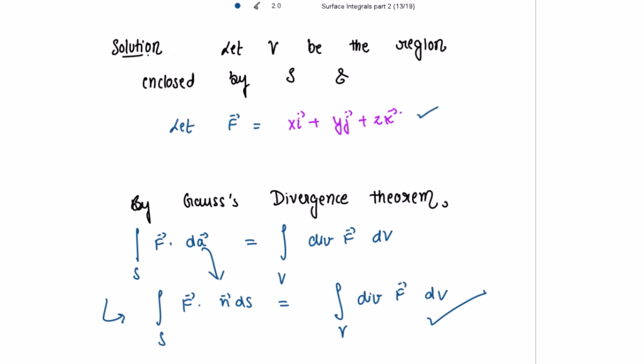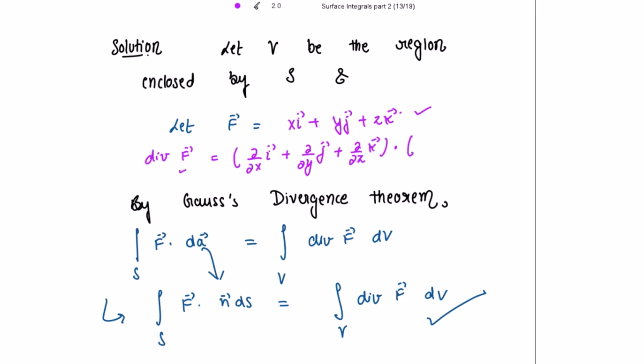So we need to calculate the divergence of F vector first. This is your F vector. What is the divergence of F vector? It is ∂/∂x i cap plus ∂/∂y j cap plus ∂/∂z k cap, dot product with this F vector, which is x i plus y j plus z k.